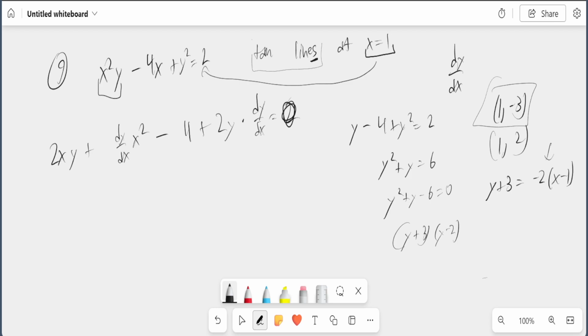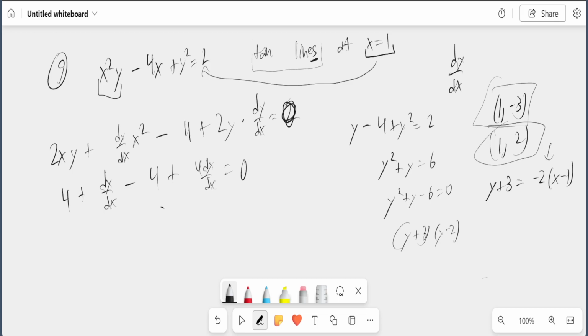Okay, so now we need to do this point. So (1, 2). So that's 4 plus x squared dy/dx minus 4, so that's just a constant, plus 2y, 4 dy/dx is equal to 0.